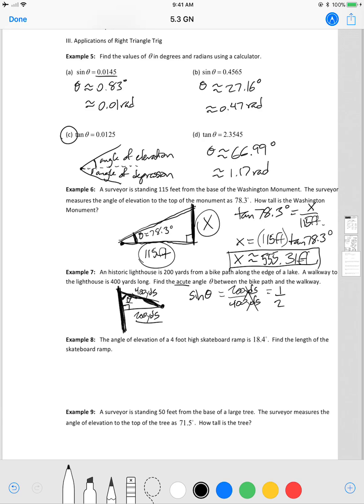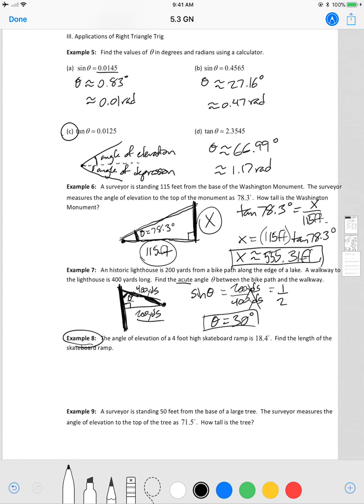It has to be. We're in a right triangle here. So I can ignore the 150 degrees, and the sine of theta is 1/2 at 30 degrees. So the acute angle is 30 degrees. Okay. Go ahead and try example 8 on your own. It shouldn't be too bad. But I'm going to do example 9 for us here. Last problem in this section.